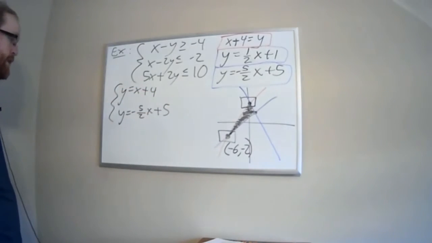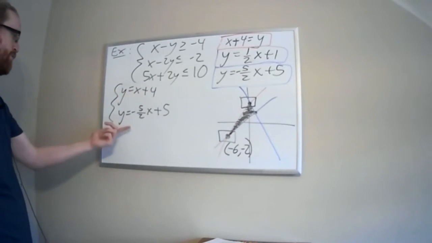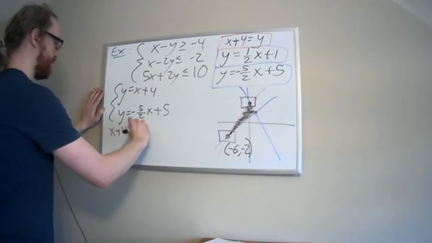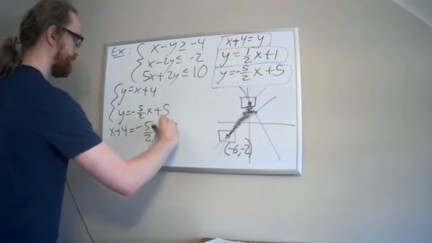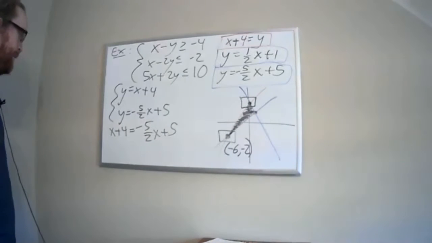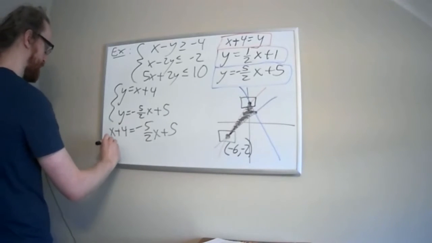And so I just do the same thing I did before. I have y equals x plus 4. I can substitute that for y down here. So I get x plus 4 equals -5/2 x plus 5. And now I can solve this for x. If I were to add 5/2 x to both sides, I think over here I'm going to get 7/2 x.